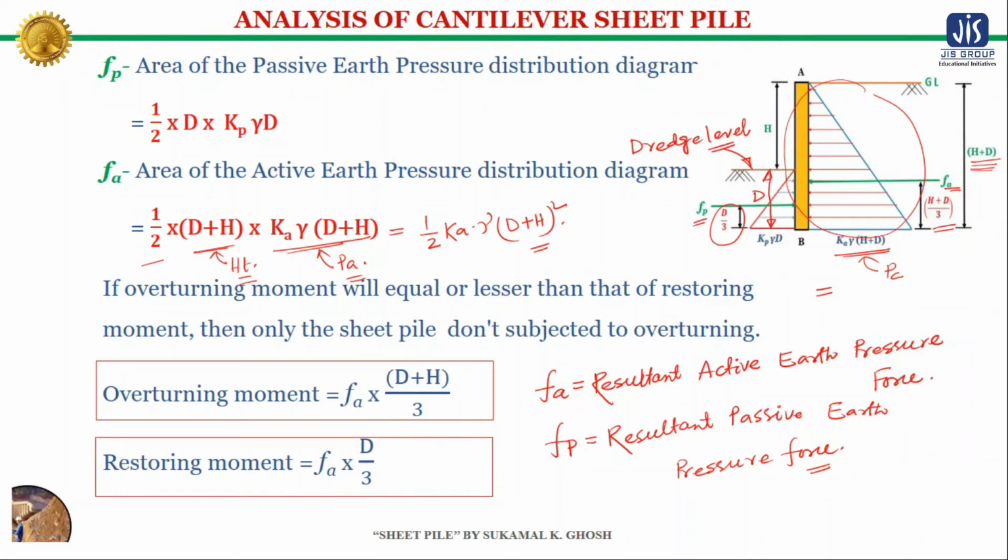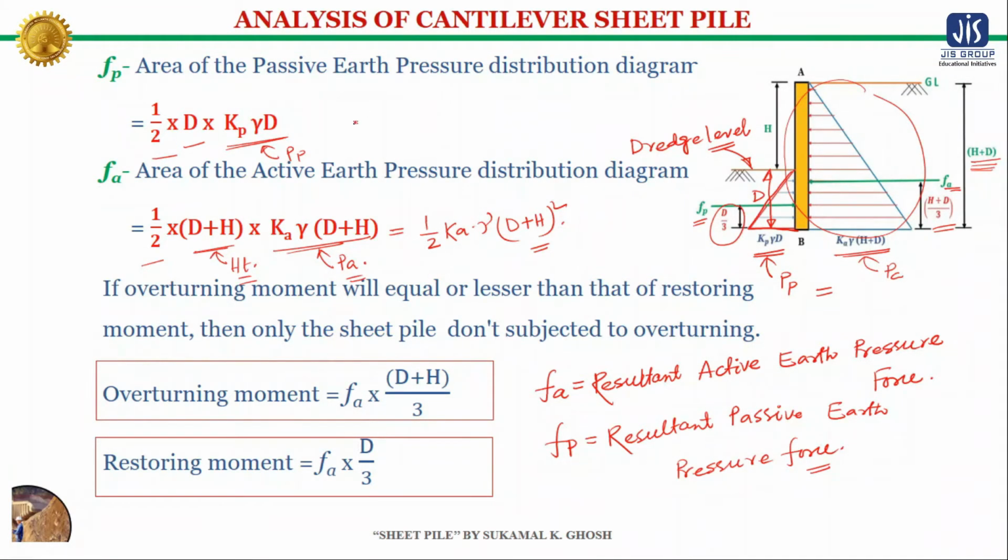Okay, so the area of this pressure distribution diagram, or the passive earth pressure distribution diagram, will be half into the height, that is D, into the base, that is the passive earth pressure, which is equal to the Kp into gamma into D. So if you solve it, you will have half into D, that is height, into the Kp into gamma into D, that is nothing but the Pp and the base of the passive earth pressure distribution diagram.